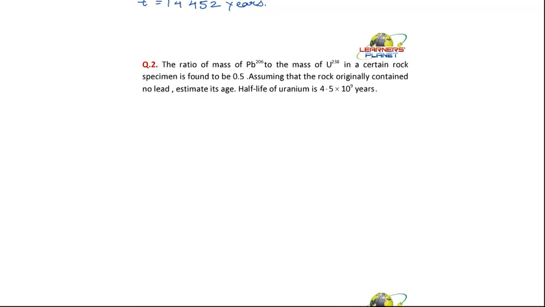So what is our next question over here? The ratio of mass of lead-206 to the mass of U-238 in a uranium rock specimen is found to be 0.5. Now students, what is U-238 doing in the rock? It is disintegrating into lead-206, right?